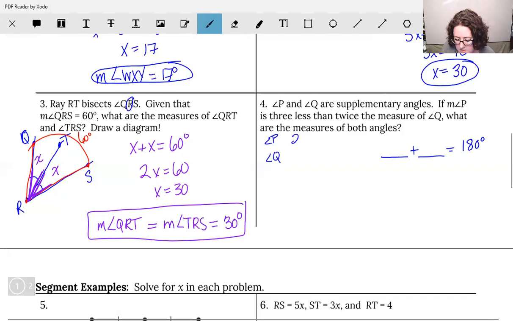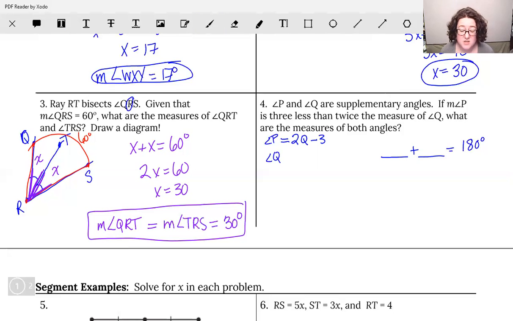So that would be 2Q. So then expand it a little bit more. It's 3 less than twice the measure of Q. Well, 3 less than means what operation are you doing? Well, you're going to subtract, so minus 3. So angle P is really the same thing as 2Q minus 3.